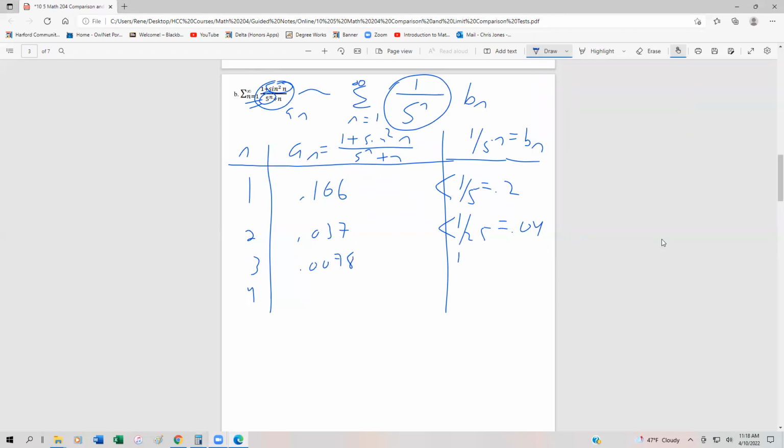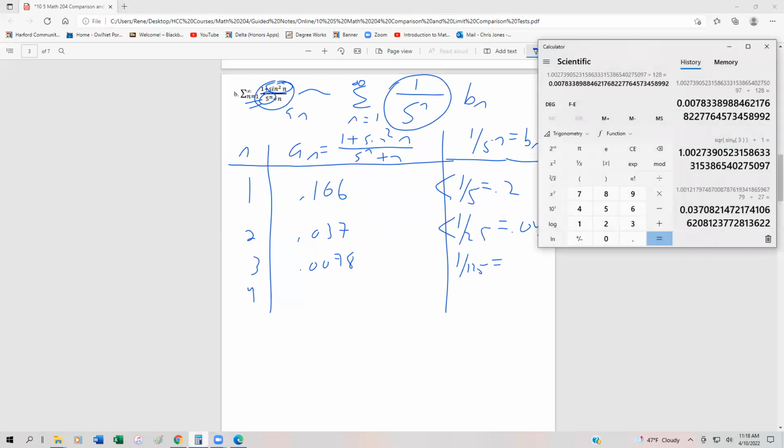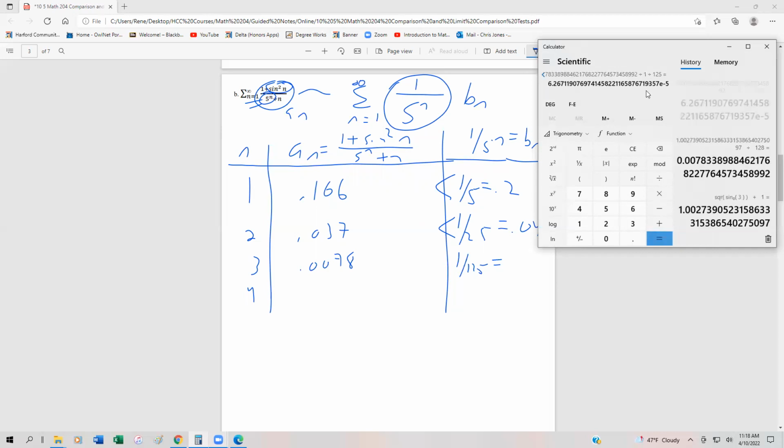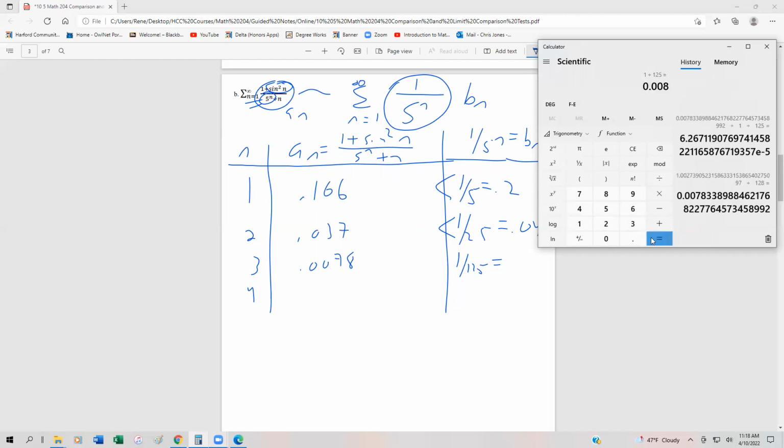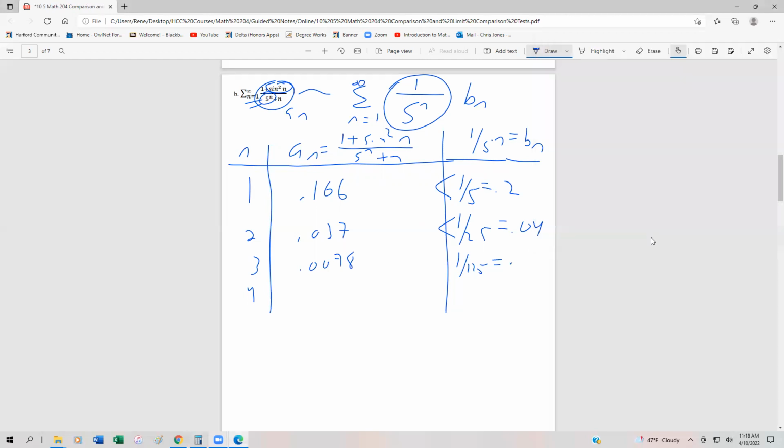Over here, 1 over 125 gives us 0.008. We could keep doing this, but at least it looks like a sub n is going to be less than b sub n.